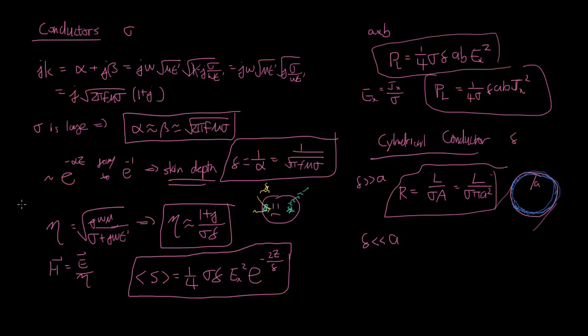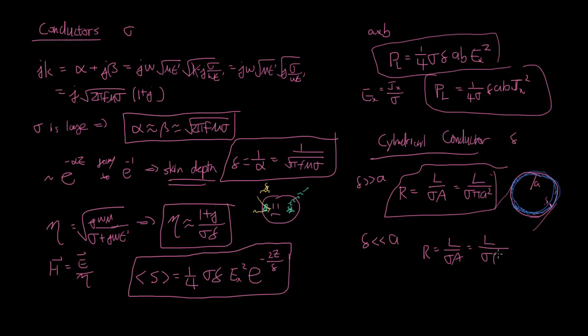So in this case, your resistance is still L over sigma A, but the cross-sectional area is no longer the whole pi A squared. The cross-sectional area is the size of this ring. So if we were to chop this up and turn it into a rectangle, one side of the rectangle would be the circumference, and the other side would be the skin depth.